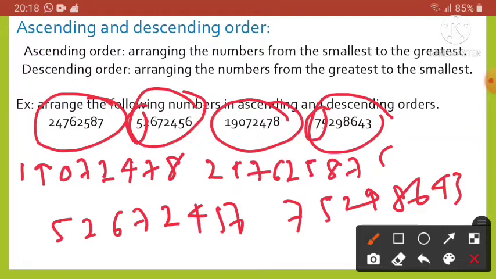Okay, got it? I don't have the space, that's why I have written on the second line, but maintain it in one line. Write it in one line.